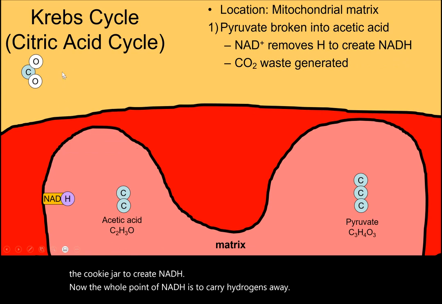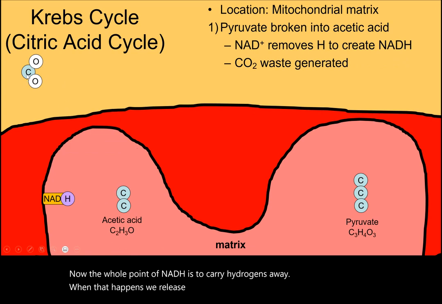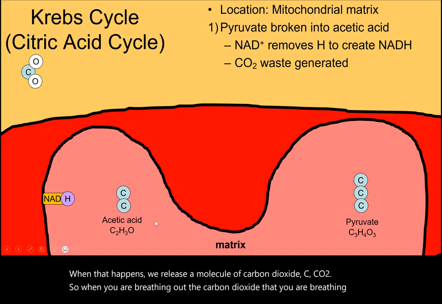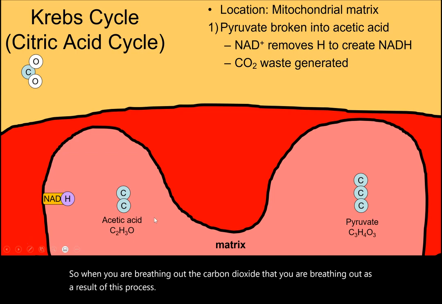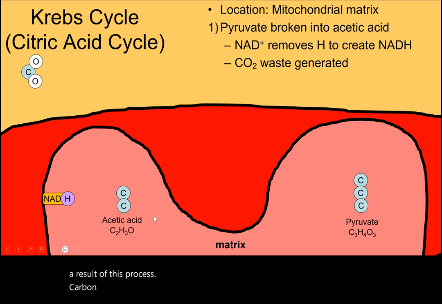When that happens, we release a molecule of carbon dioxide, CO2. So when you are breathing out, the carbon dioxide that you are breathing out is a result of this process. Carbon dioxide is a waste product as a result of the Krebs cycle in cellular respiration. That's a good test question.